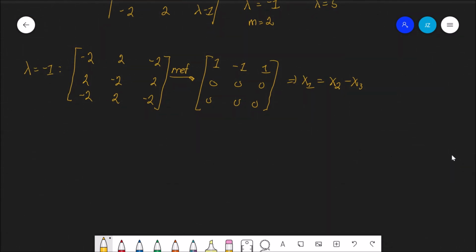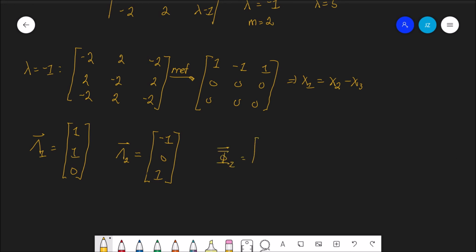So we can form one eigenvector by setting x2 to 1 and x3 to 0, and so we get 1, 1, 0. We can get a second eigenvector by setting x2 to 0 and x3 to 1, and so we get negative 1, 0, 1. So we get 2 linearly independent solution vectors out of this.